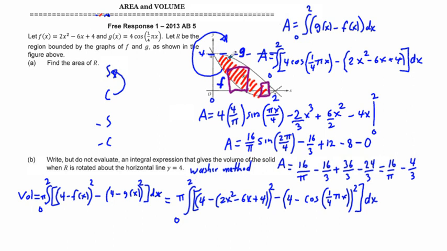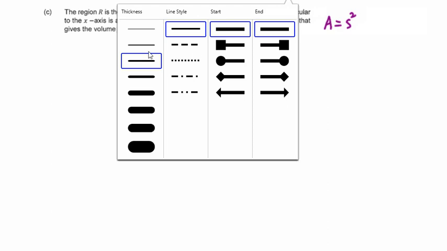So we come back here, and a formula that would be important for us to know is that the area of a square is equal to the side times itself, or s squared. So let's go ahead and get that going. We have our volume is going to be equal to, again, we have the limits of integration from 0 to 2.